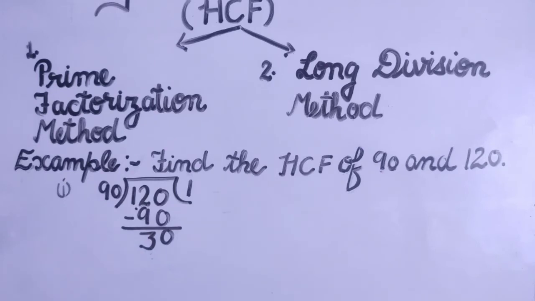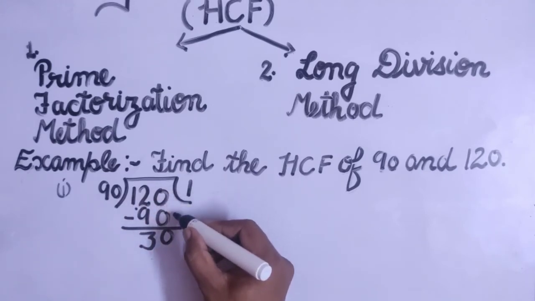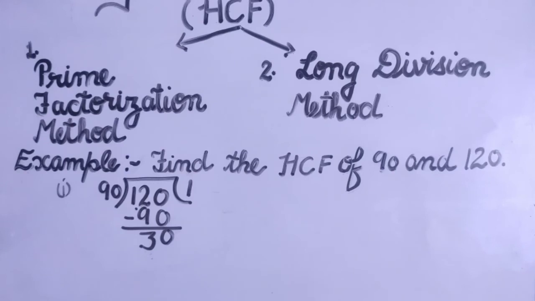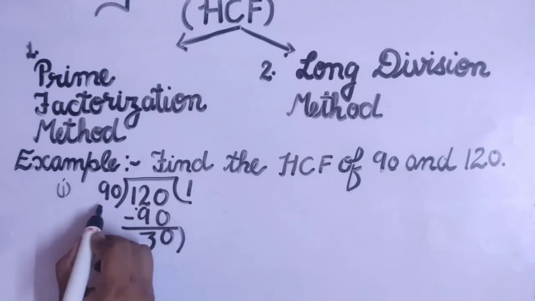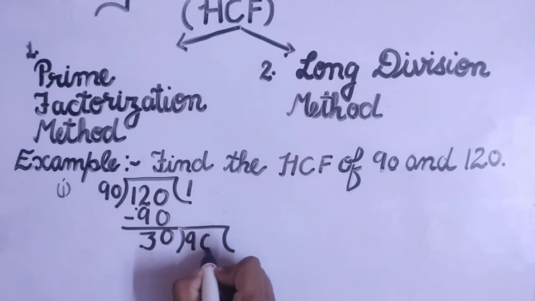Second step is, students, when nothing is there to carry down, no digit is there to carry down, in that case the remainder becomes the divisor and the divisor becomes the dividend.